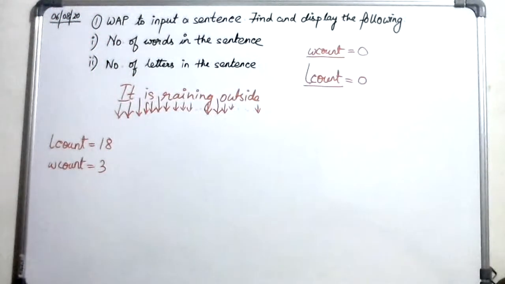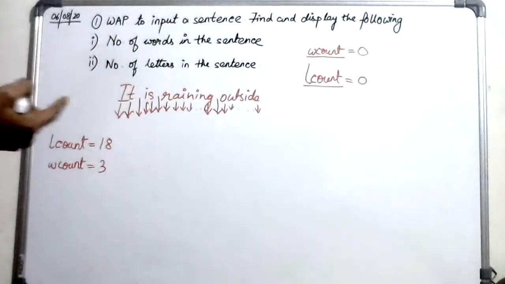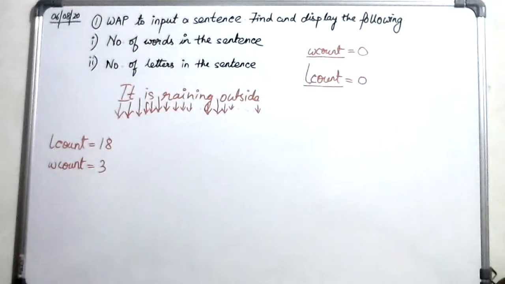As you might remember, we had assumed that the sentence did not contain any special characters. A full stop is a special character, that's why I omitted it at the end. So there will be no full stop, no punctuation marks, just the letters in the sentence and the words they form. No punctuation marks, no digits.